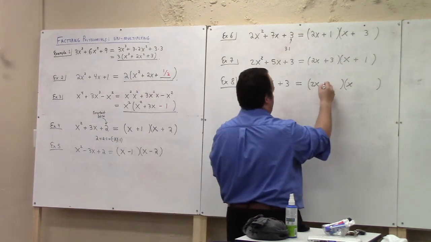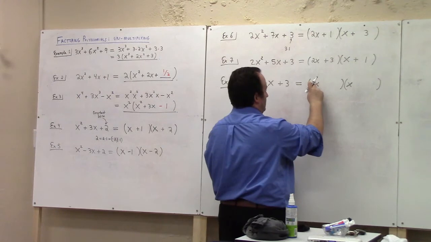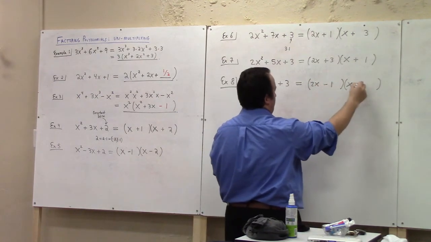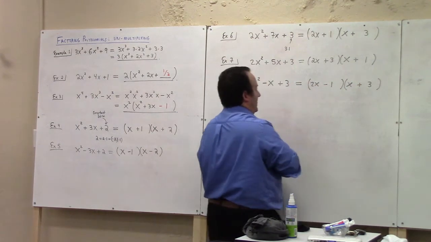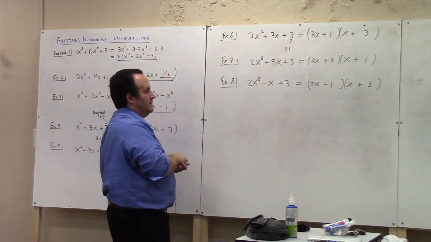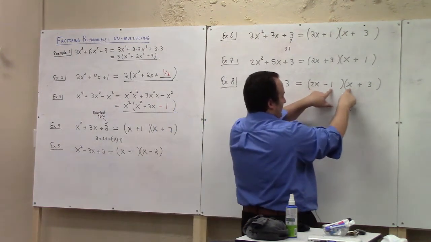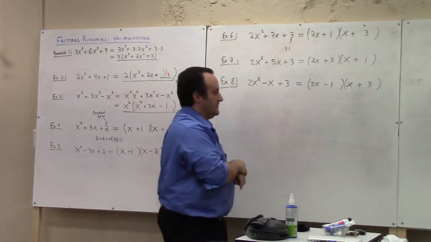Minus 1? Or minus, where should I put my minus? The first one? And then plus 3 over here? See, but then that's going to give me 6x minus x, which is 5x.